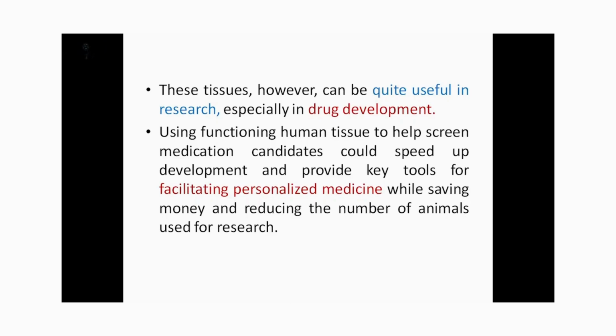So that can speed up development, and it will also provide key tools for facilitating personalized medicine. You don't have to go to the doctor every time, while saving money and reducing the number of animals used for research.